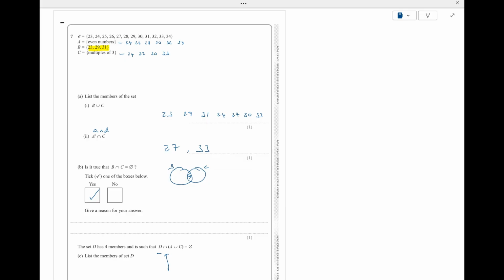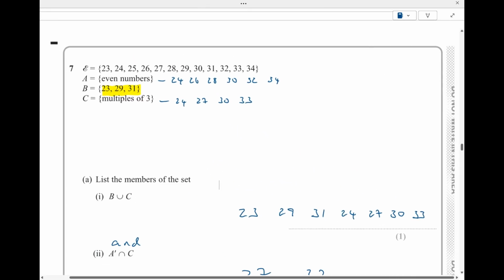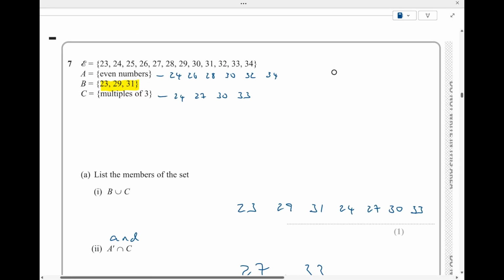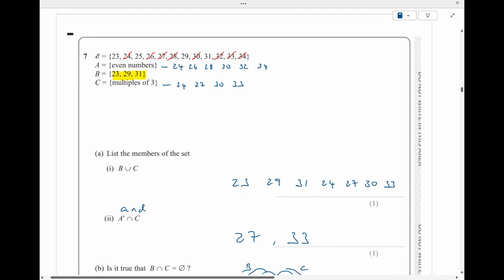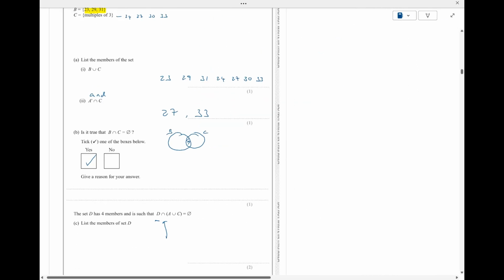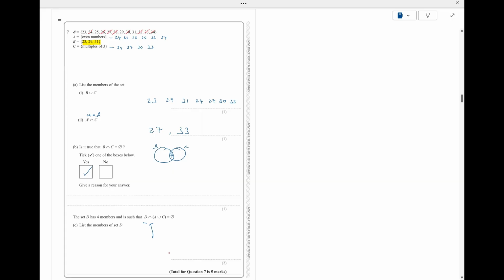So only 23, 25, 29 and 31 are left. It's quite a tricky question, the end of question 7 there.